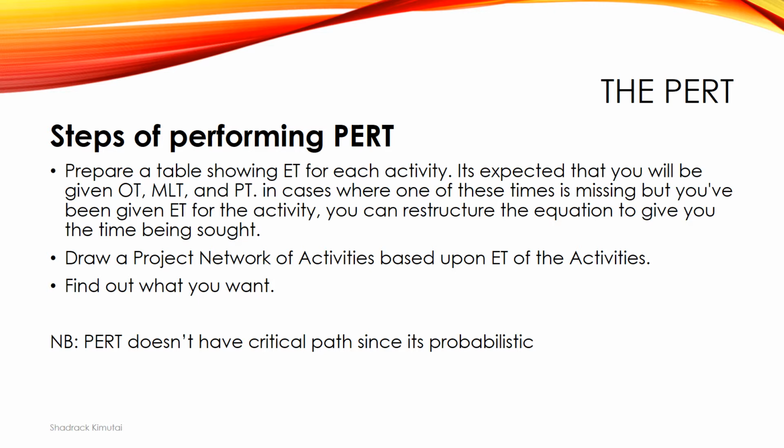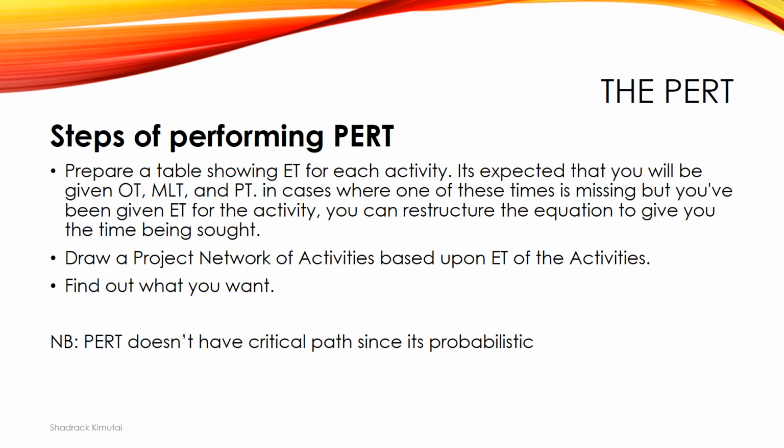Alternatively, you may also find a case where you're being asked to get the standard deviation and variance of the estimate time for each particular activity. In that case, you'll also use the formula that has been given earlier in the lesson. Once you have the estimate time, you draw the project network of activities based on the estimate time of those activities.